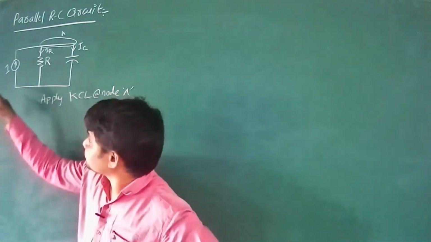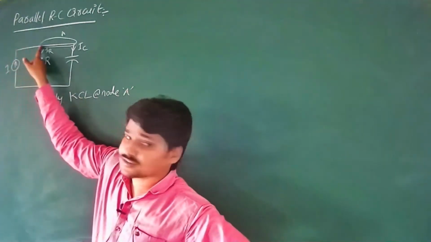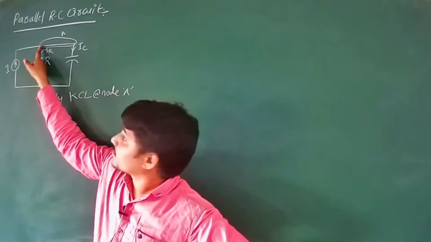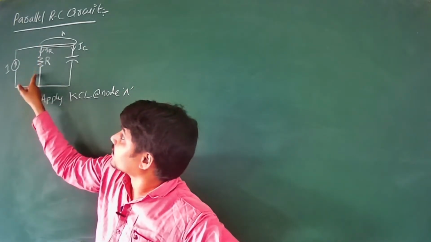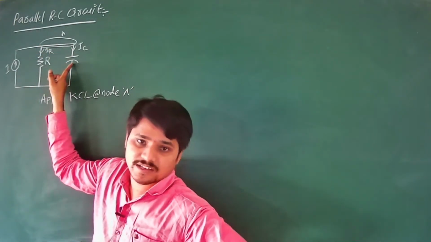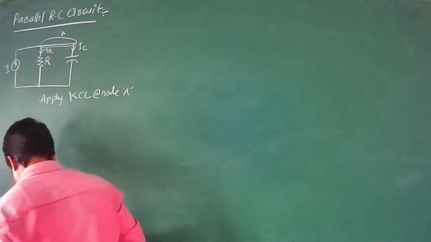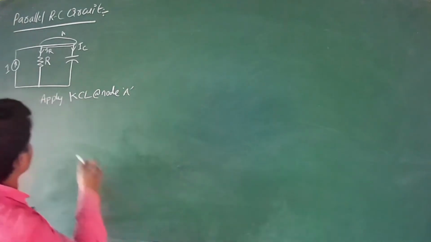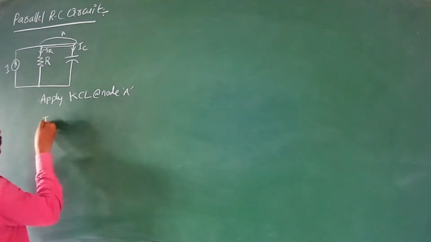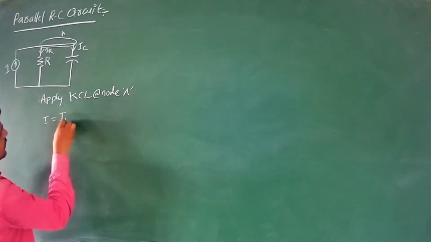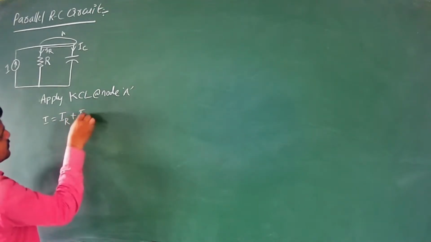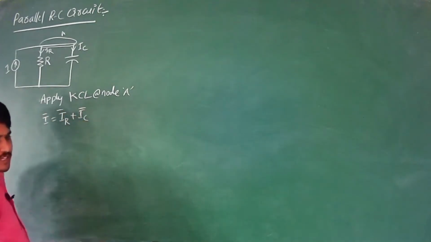Current I is entering this node, and currents IR and IC are leaving the node. So I equals IR plus IC. Of course, these are phasors.